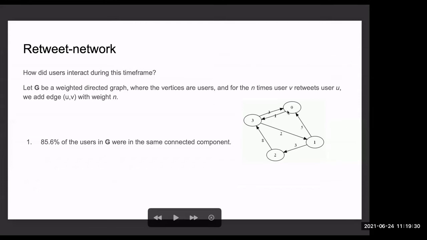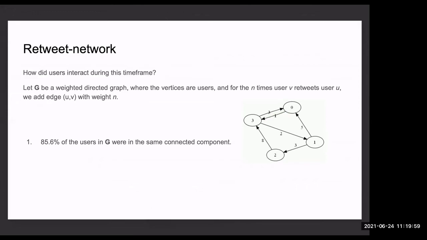Let's say for user 0 and user 3, this says that user 0 has retweeted user 3 three times, and user 3 has retweeted user 0 one time. So the arrows are pointing outwards. And some basic graph analysis was done.